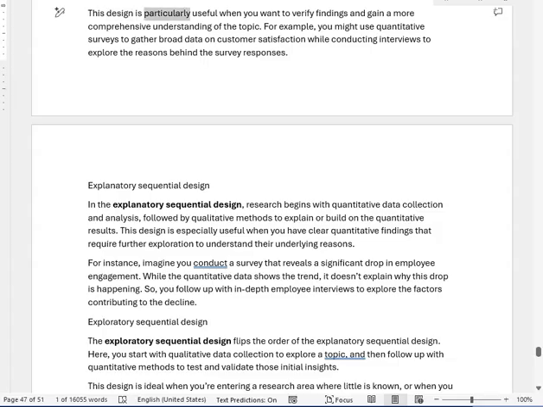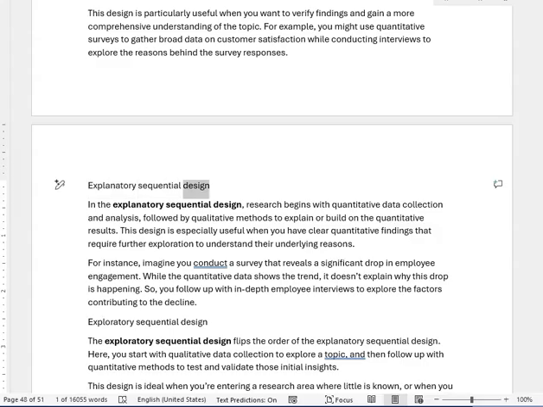This design is particularly useful when you want to verify findings and gain a more comprehensive understanding of the topic. For example, you might use quantitative surveys to gather broad data on customer satisfaction while conducting interviews to explore the reasons behind the survey responses.